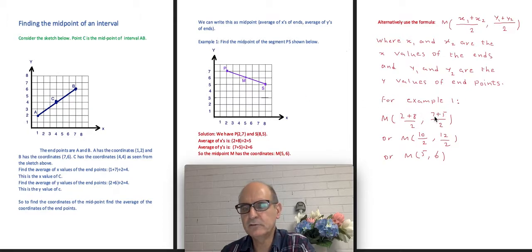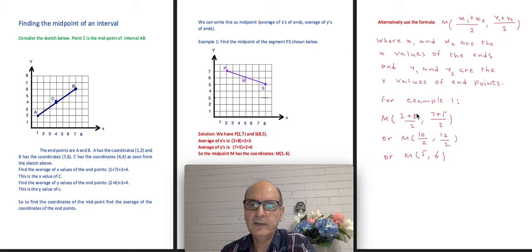It doesn't matter which one you take as y1 and y2, as long as you have both y's here. So add them up and put over 2 based on this formula. So M becomes bracket 2 plus 8 over 2, because x1 I took as 2, x2 I took as 8, y1 I took as 7, and y2 I took as 5. So these have to be y's, these have to be x's.